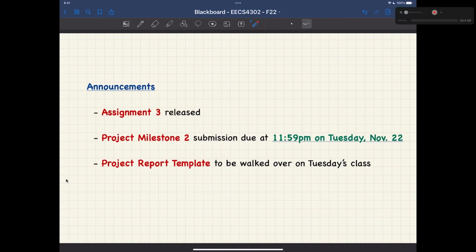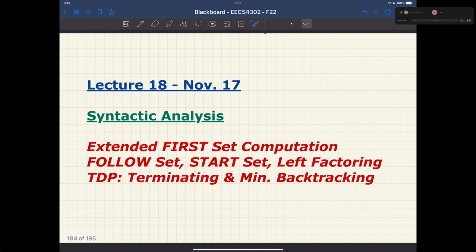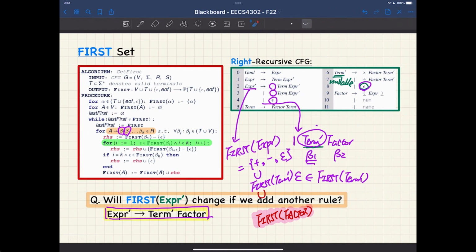What do I mean? If you recall what we did last time, when we calculate the first, for example, the first of some expression prime, which is a single variable. What we want to see today in the beginning is, what if I want to calculate the first of this entire rule, which consists of a mix of symbols and also variables?